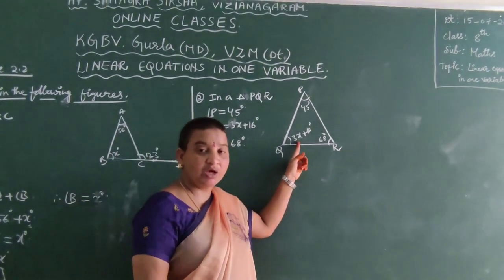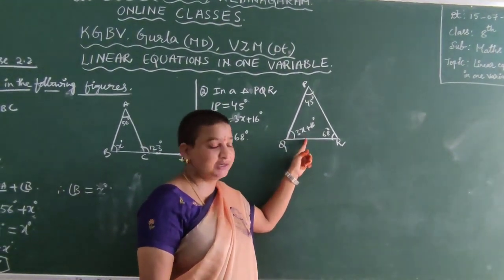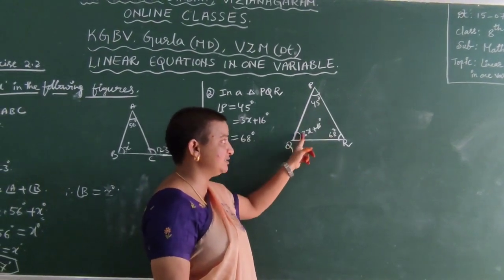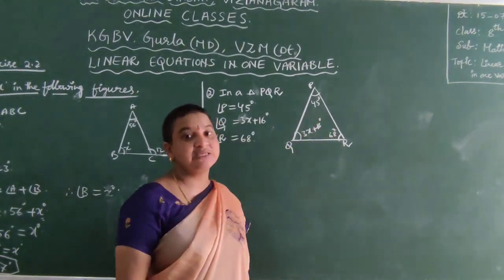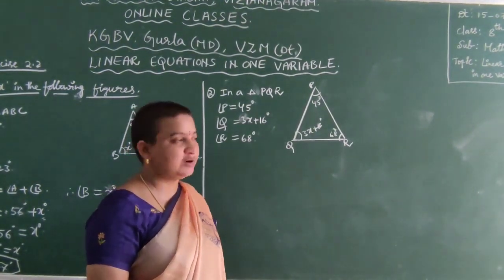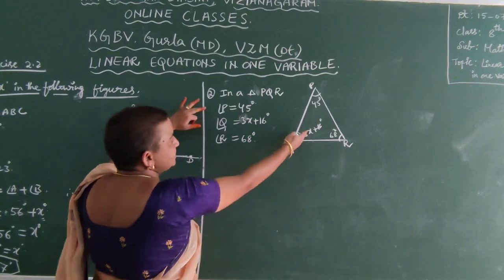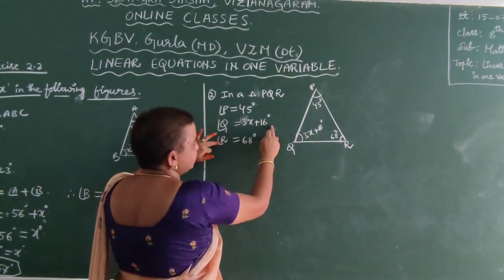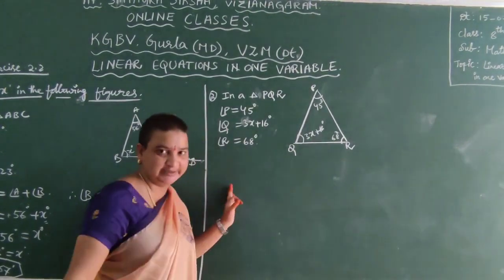Okay, we already know the angle-sum property. What is that? In a triangle, the sum of all angles is equal to 180 degrees. In this triangle, angle P equals 45 degrees, angle Q equals 3x plus 16, and R equals 68 degrees.